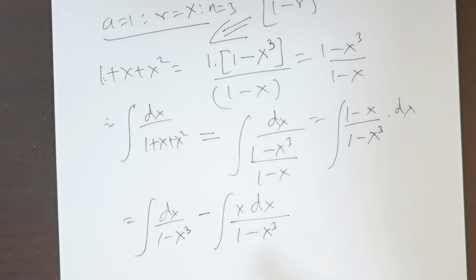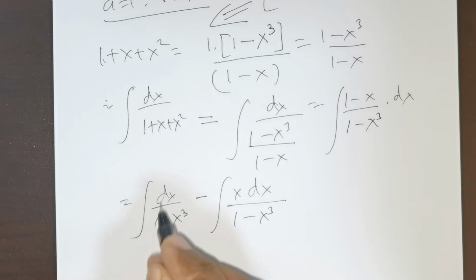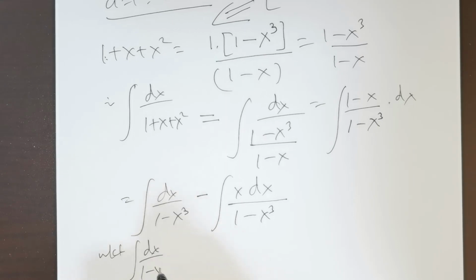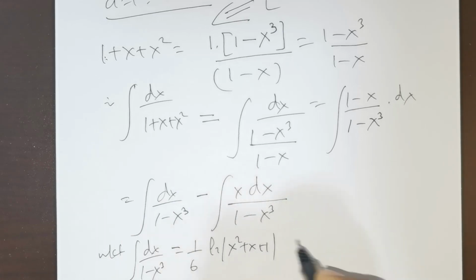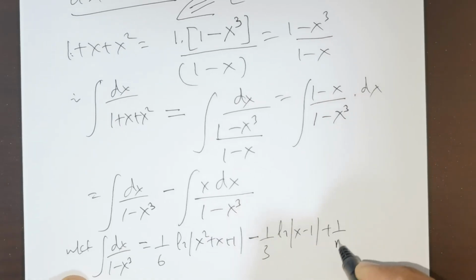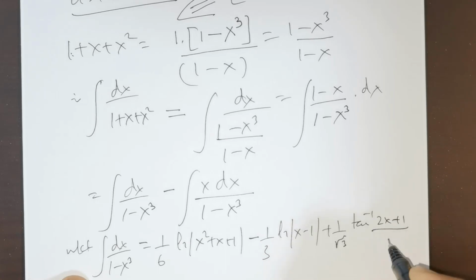Now if you were to remember, we have already worked out this solution, right? We know that the integral dx over 1 − x cubed is equal to 1 over 6 times ln modulus x squared + x + 1, followed by negative 1 over 3 ln modulus x − 1, plus 1 over root 3 tan inverse of (2x + 1) divided by root 3.